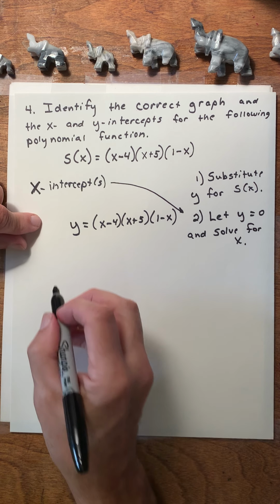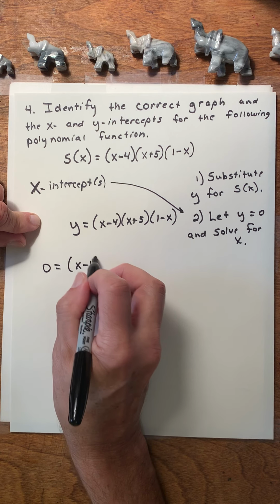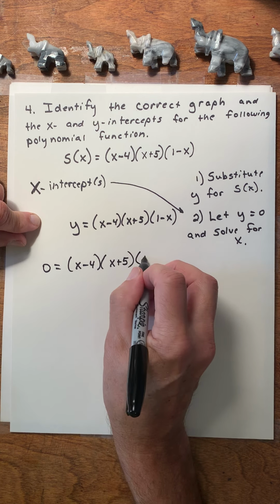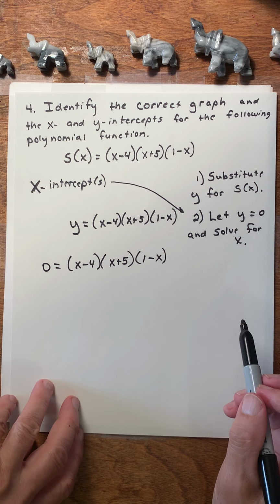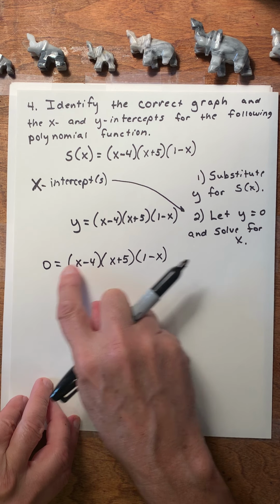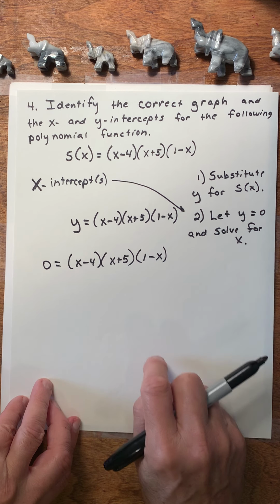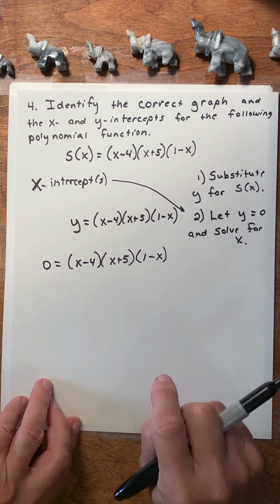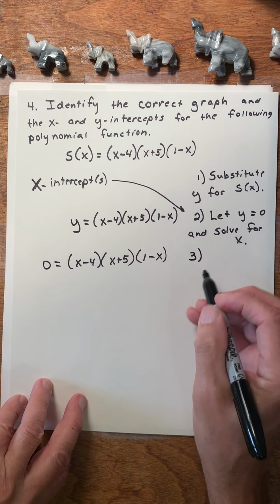So in the place of y, we're going to put 0. Here's where we're going to use that property of 0 that has a bunch of things multiplied that give me 0. If I have a bunch of things multiplied that give me 0, the possibility is any one of these could equal 0.